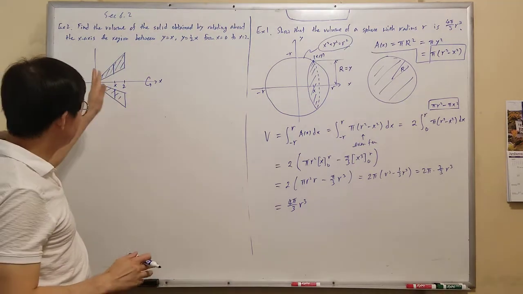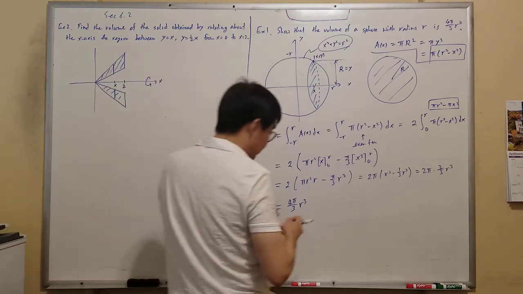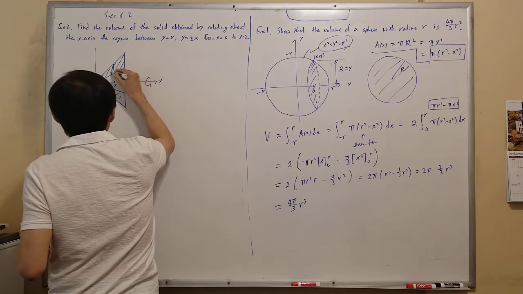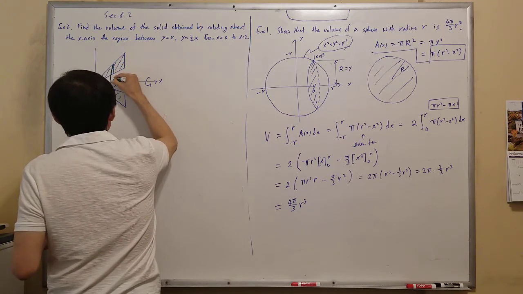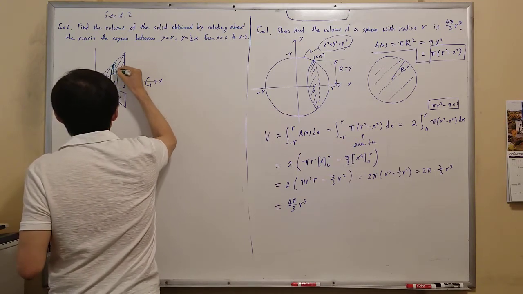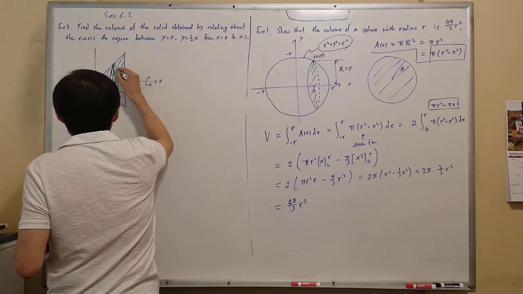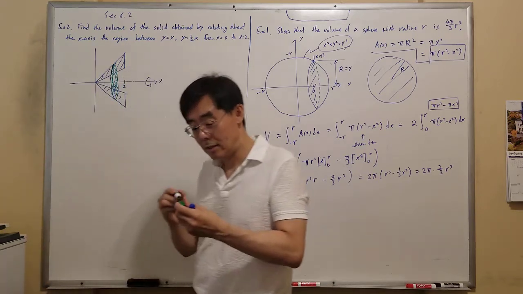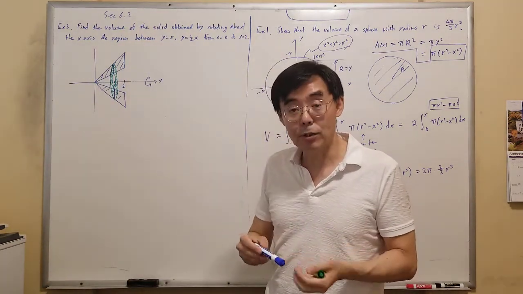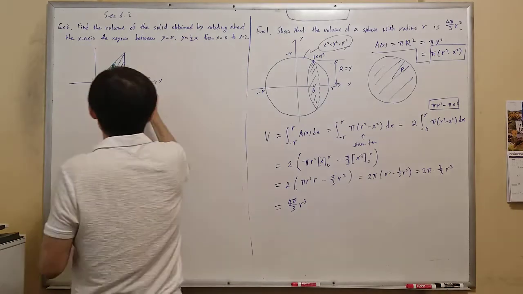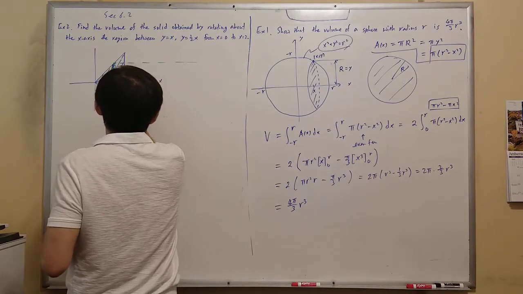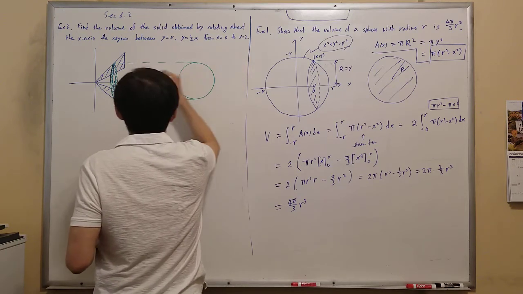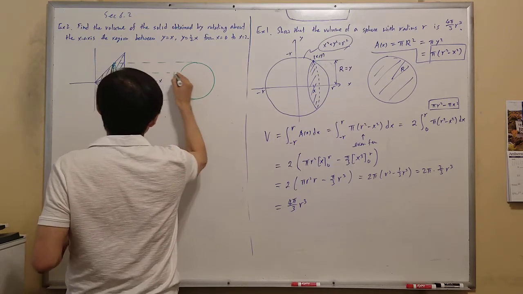If you cut it and look at it, think about it: what kind of shape do you expect? I think this is called an annulus, because the shape will be your outer circle, and then from here you have an inner circle.